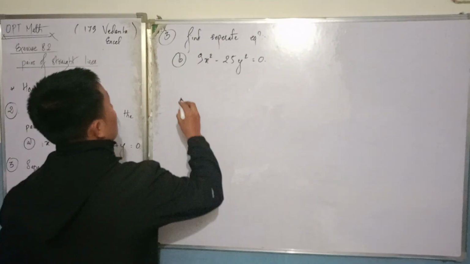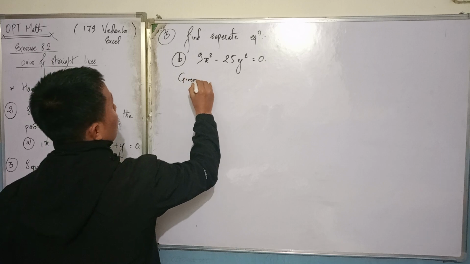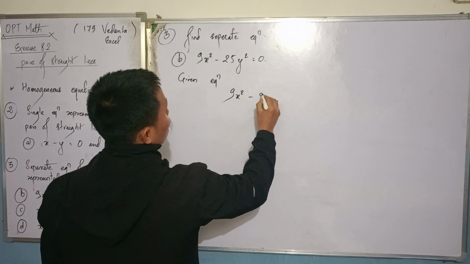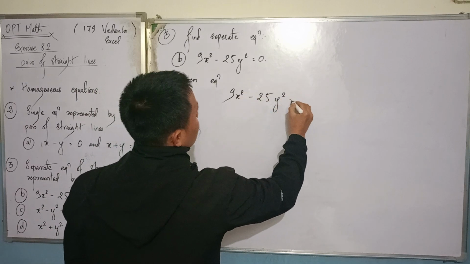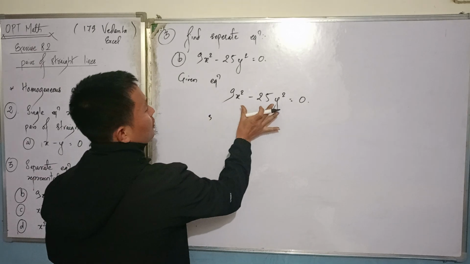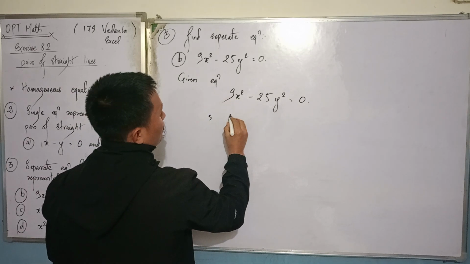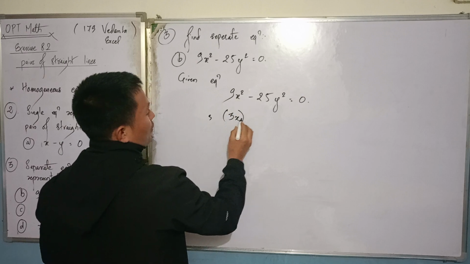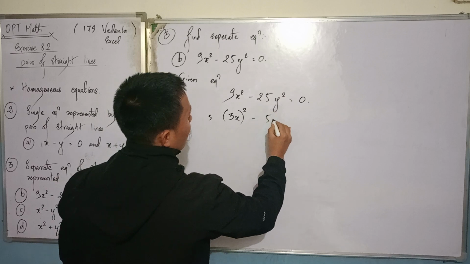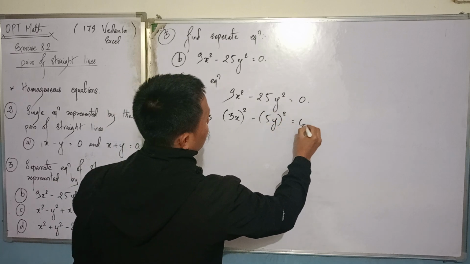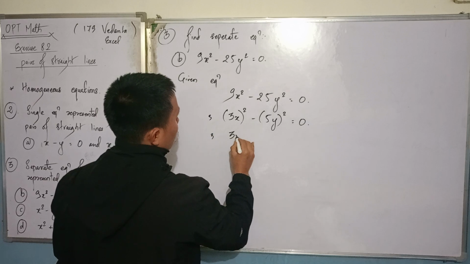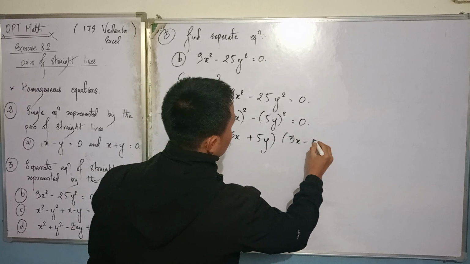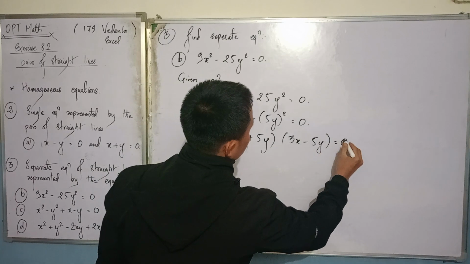The given equation is 9x squared minus 25y squared is equal to 0. Now factorize this. It can be converted into the form of a squared minus b squared. This 9x squared can be written as 3x whole squared, minus 5y whole squared is equal to 0, or 3x plus 5y and 3x minus 5y is equal to 0.